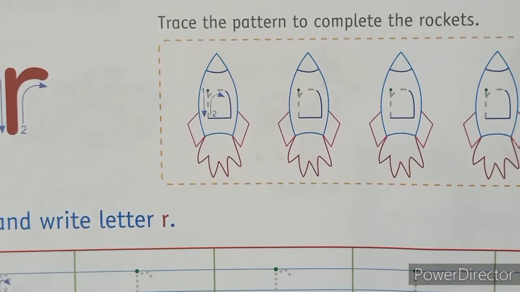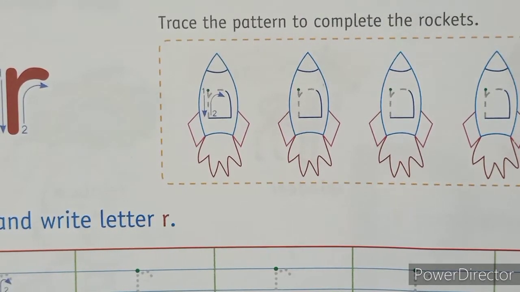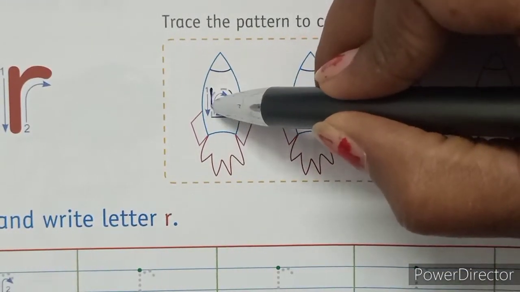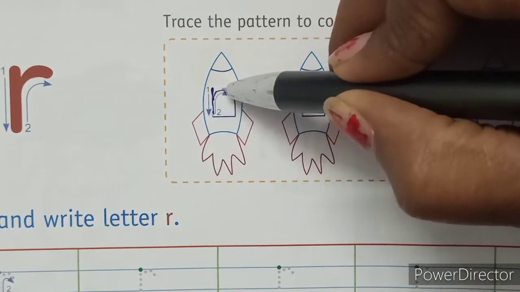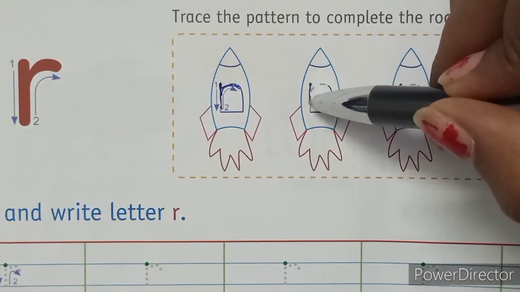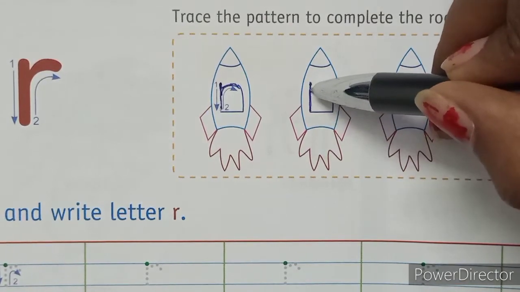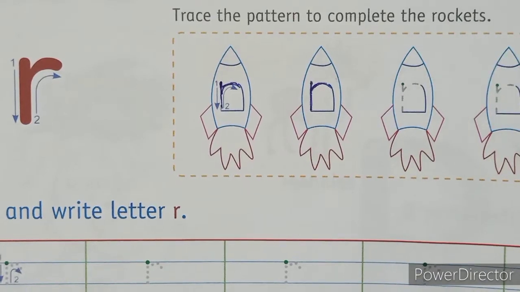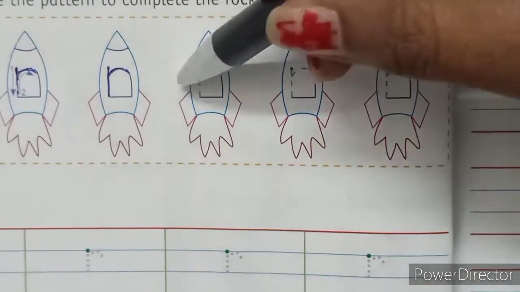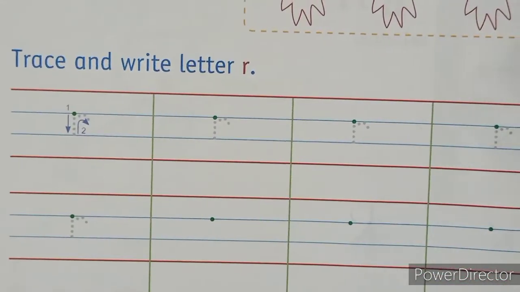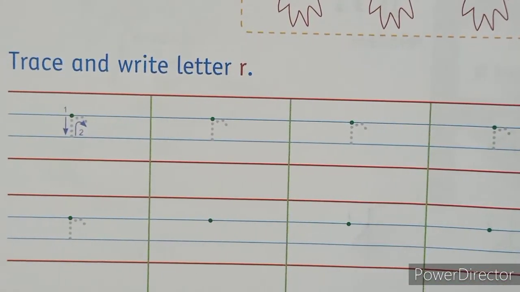Rockets, standing line and small curve. Okay, standing line and small curve. Okay, rest is your homework. This 3 you have to do it. Then we'll just start writing. Trace and write letter R.